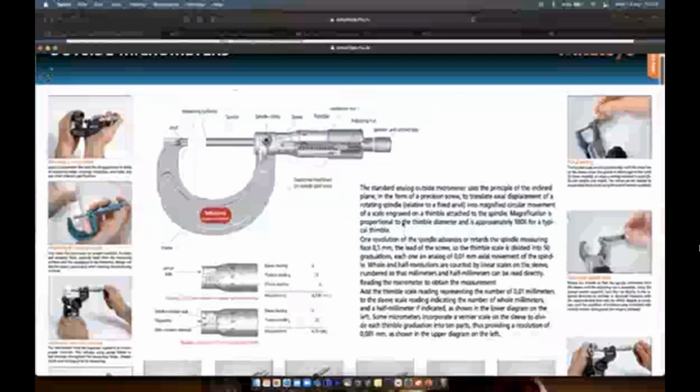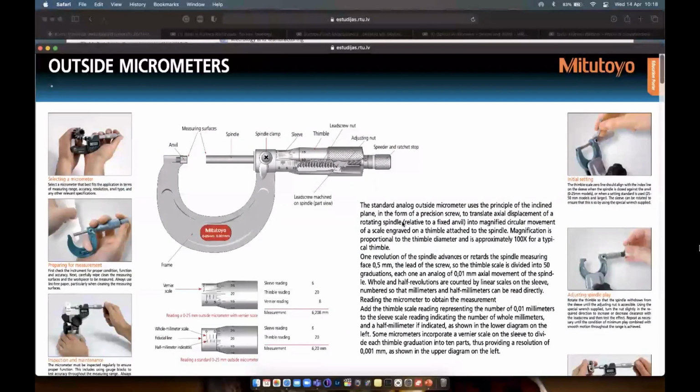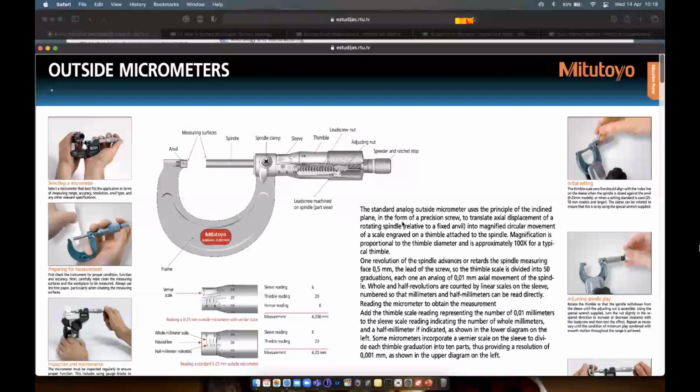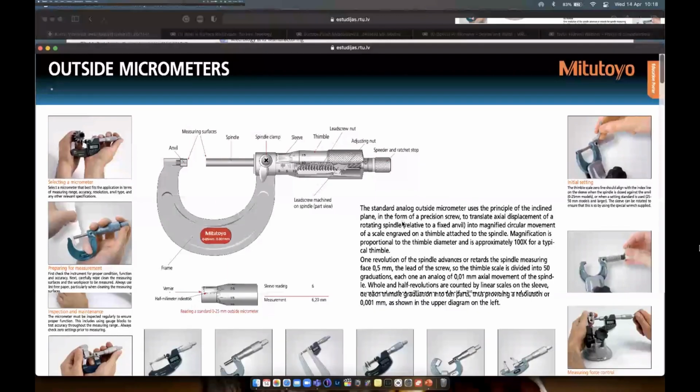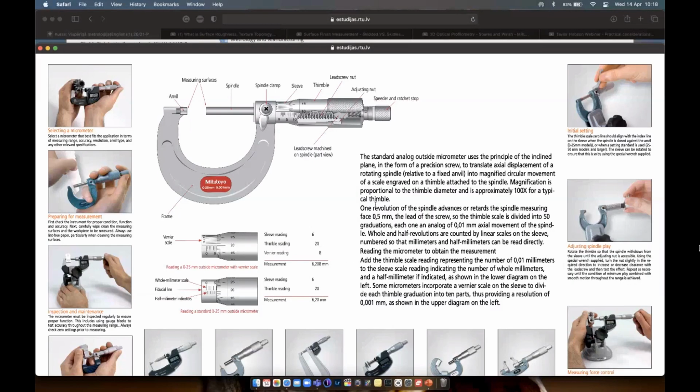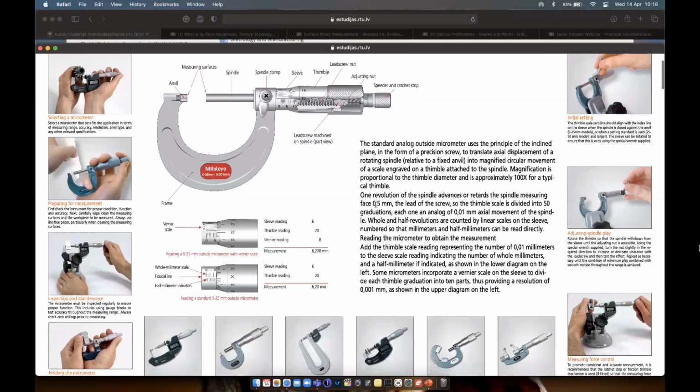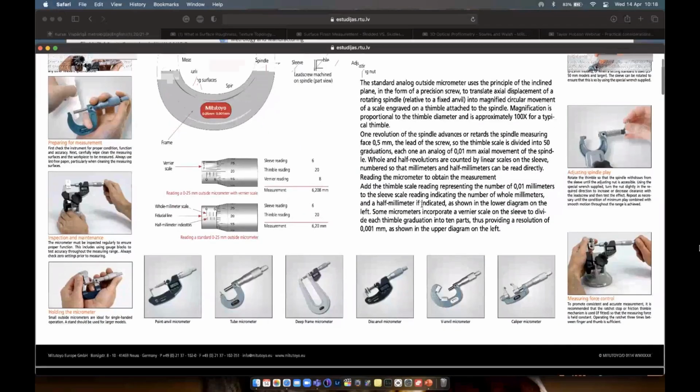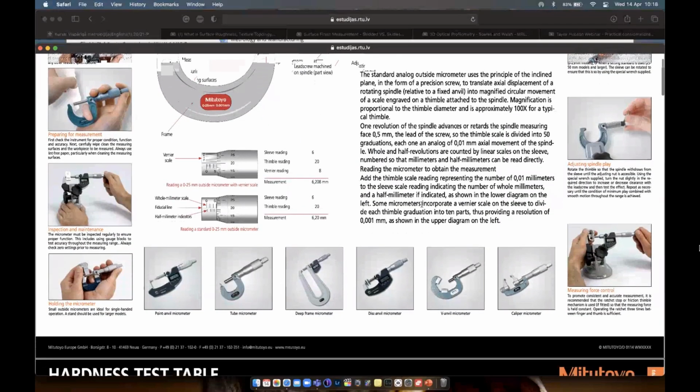For instance, this is about outside micrometers, which we are about to look at in our laboratory. Here you can check the terminology: this is the anvil, this is the spindle, these are measuring surfaces, and so on. There are a lot of good tricks and tips on how to use them properly and how not to use them in certain cases.